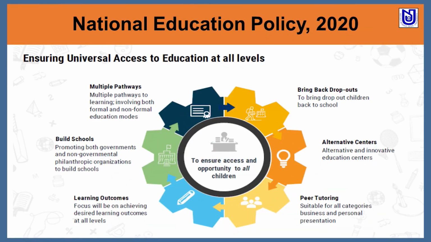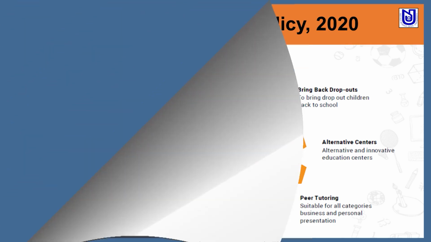This National Education Policy 2020 also ensures universal access to education at all levels by providing multiple pathways, building schools, learning outcomes, assessing the learning outcomes, then peer tutoring, that is also very important, alternative content, maybe adaptations, all those things come under this National Education Policy 2020.